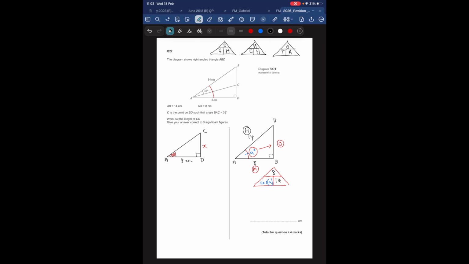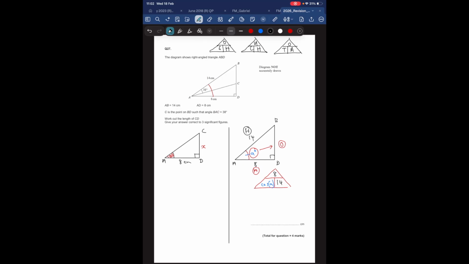Now, because I want to work out the angle A, I'm going to cover up the cos, and I'm going to write cos to the minus 1, 8 over 14. You can do that on your calculator. So the inverse cos of 8 divided by 14 will give you 55.15 degrees.